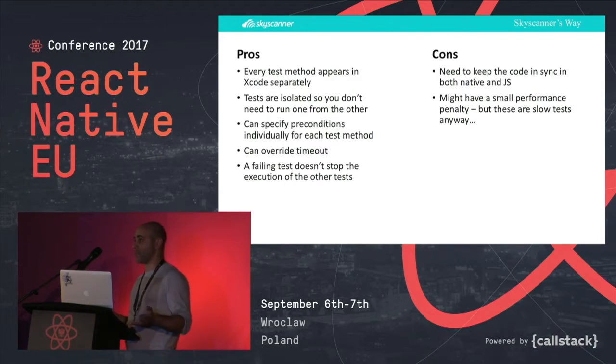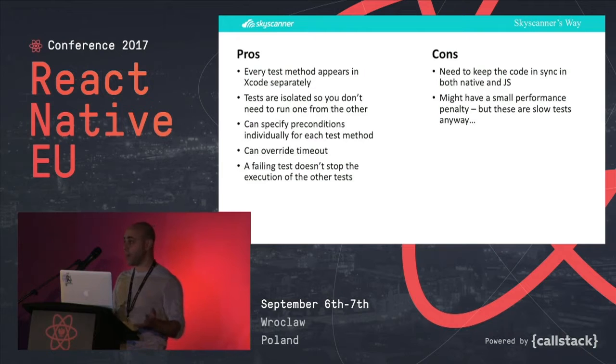So a bit about the pros and cons of this one. Pros: every test method is separated in Xcode, so it's really easy to see what passed and what failed. Tests are isolated, so we don't have to run one from the other, so no more linked list management and craziness like that. You can specify the preconditions for each test individually.